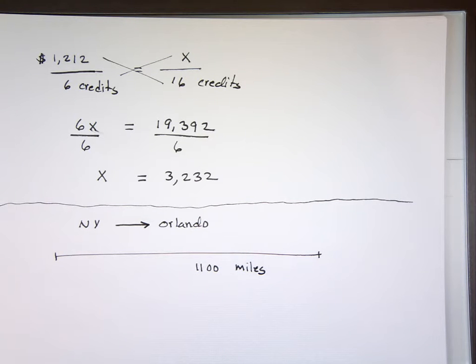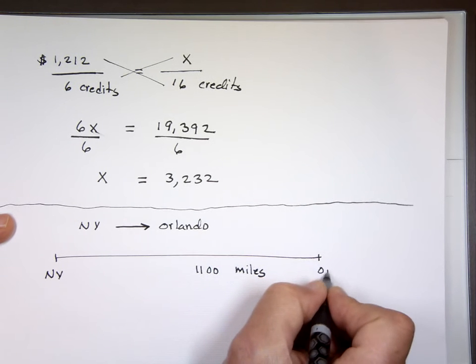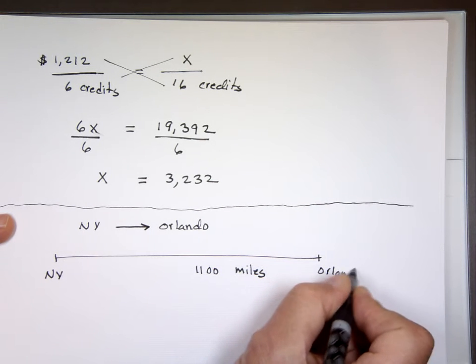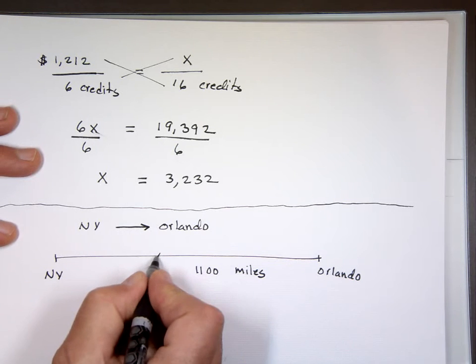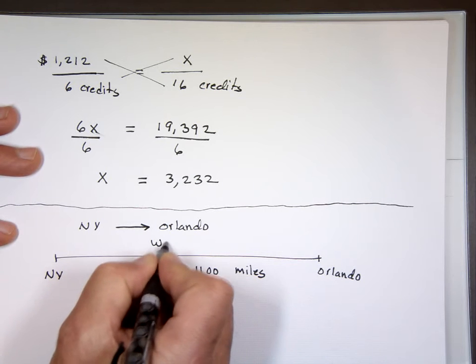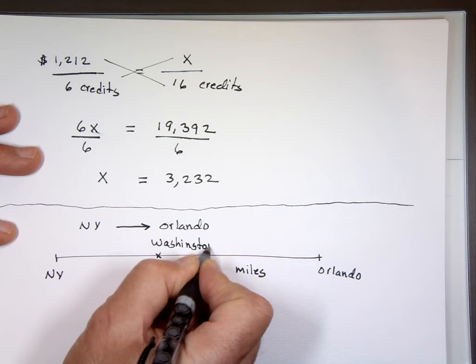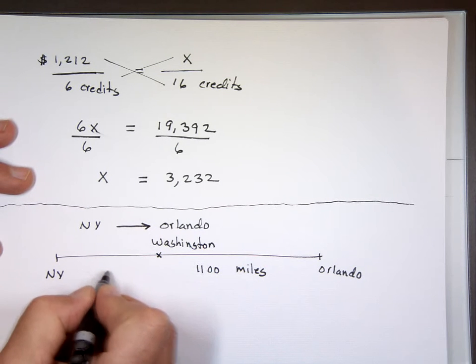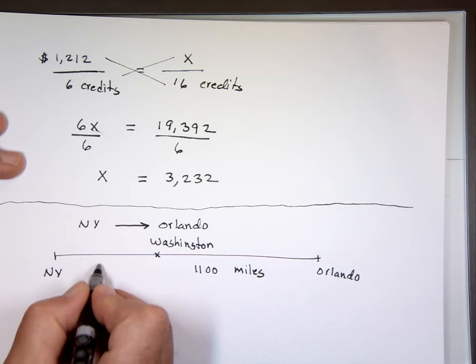So this is New York City. This is Orlando. You drove for 4 hours and you are in Washington, D.C. The distance from New York City to Washington, D.C., let's say 270 miles.